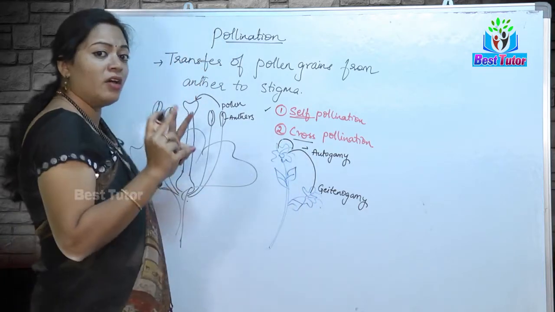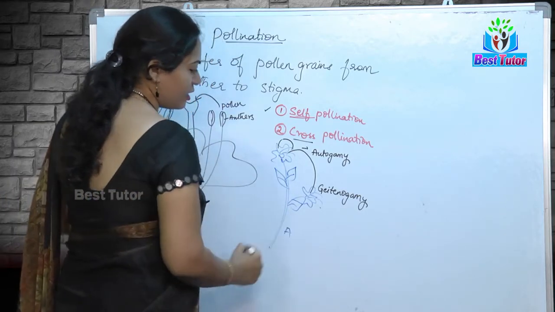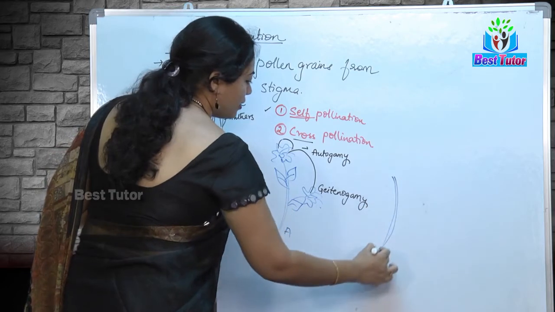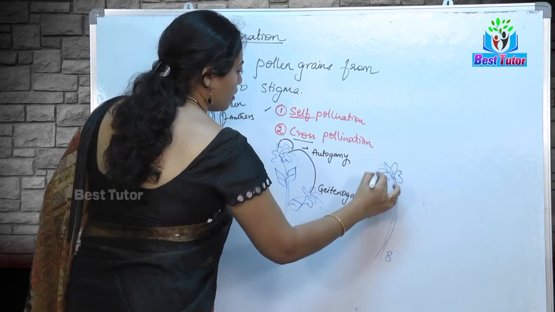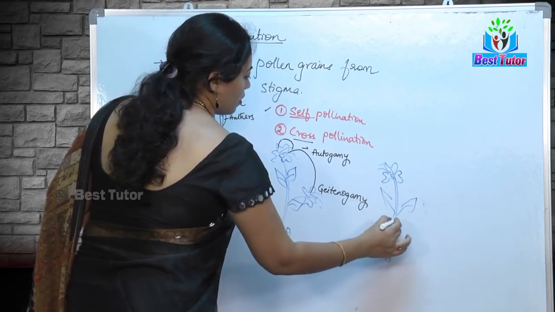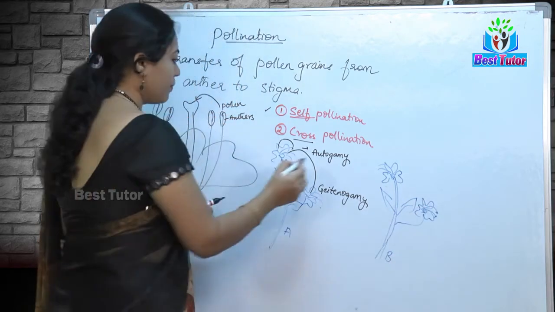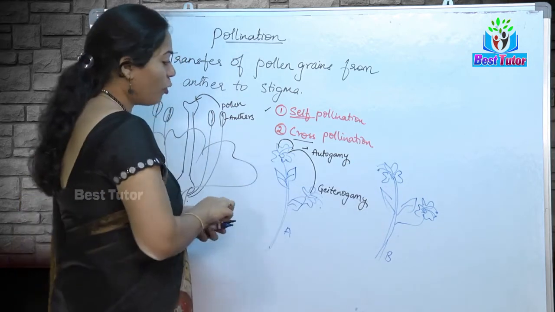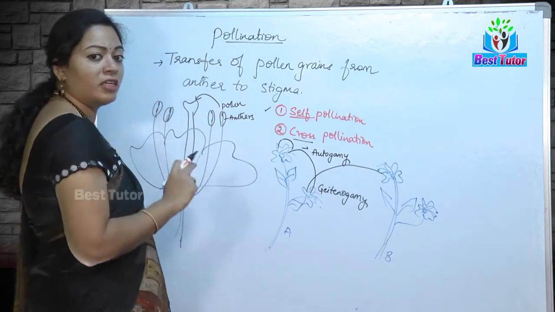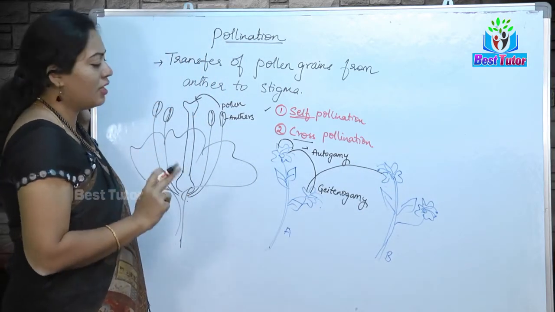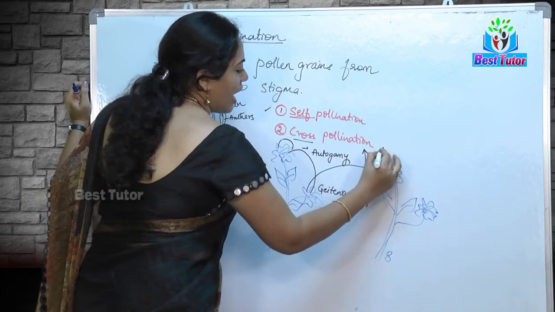Cross-pollination means between flowers on two different plants. So this is plant A, assume. Then let us have another plant. This is B. Now if the pollination is occurring between two flowers which are present on different plants, then that is known as cross-pollination, or it is also known as allogamy.